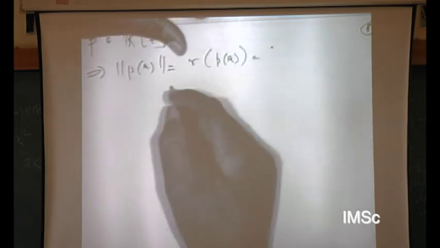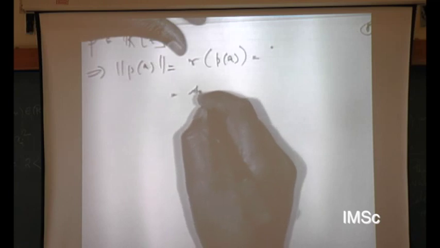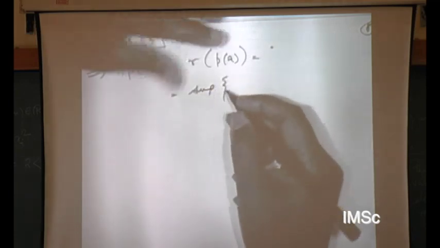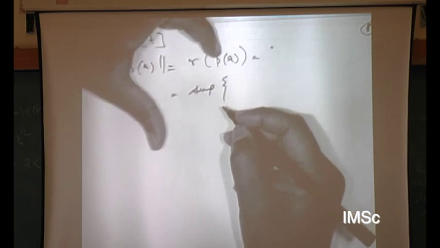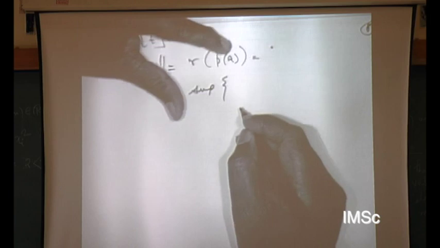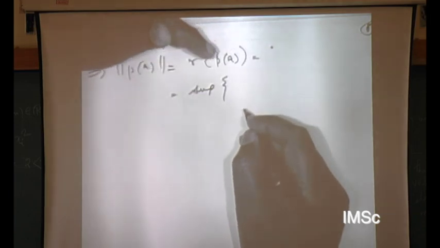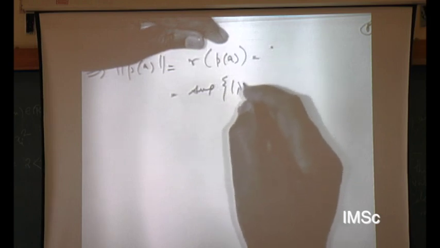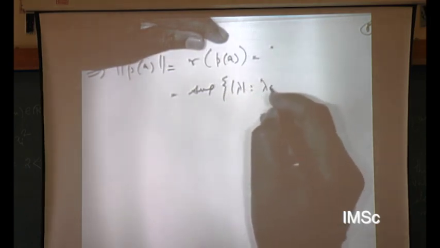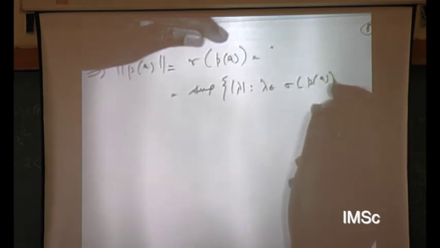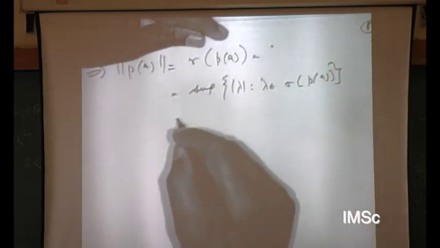so what is this by definition? It's the sup of the modulus of things here. What are the lambdas in the spectrum of P of A? Right?